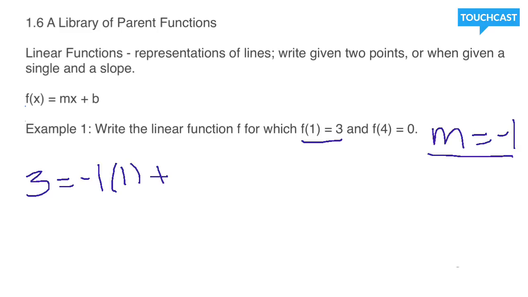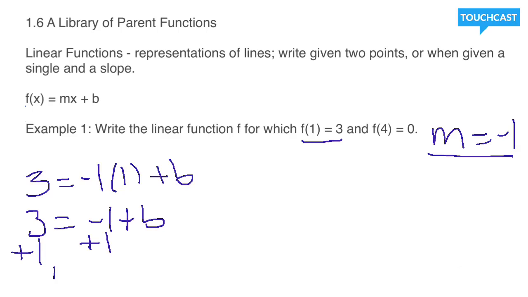We don't know b in this case, so we're going to solve this for b. And in doing this, we know 1 times negative 1 makes negative 1. So we've got 3 is equal to negative 1 plus b. And by adding 1 to both sides, we can figure out that 4 is equal to b.